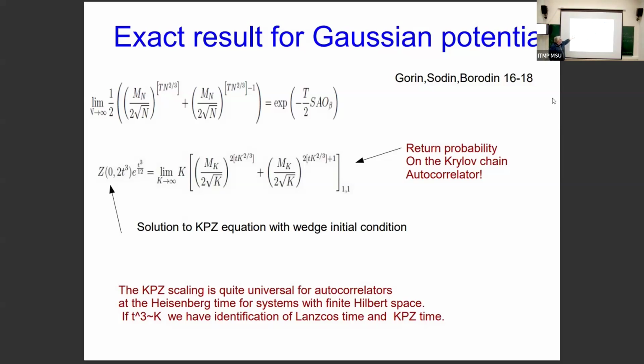On the other hand, there is an exact result that this is the solution to the KPZ equation when we consider large T. That is why, when we turn to the Krylov basis, we have tridiagonal matrices. We consider late time, that is a large power of this tridiagonal matrix. We could use this mathematical result to show that indeed we have KPZ behavior for autocorrelators at late time.